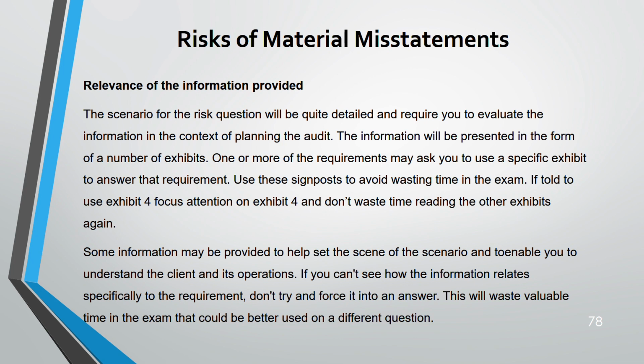So here you can't see how the information relates specifically to the requirement. If something is not relating specifically to your requirement, don't force it in your answer, because you are wasting valuable time. Rather, you can use that exhibit for some other question later on. This is the technique you need to apply in ACCA, not only for AAA, for any paper, even mostly for SBL also.